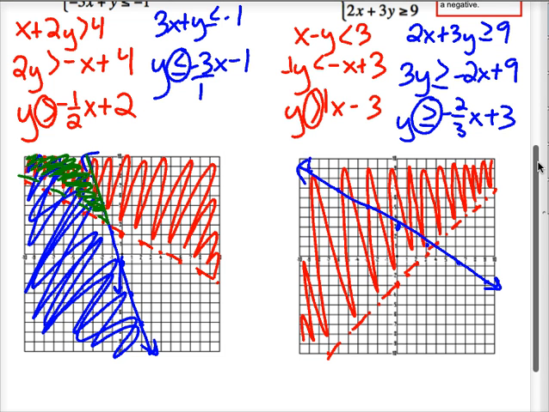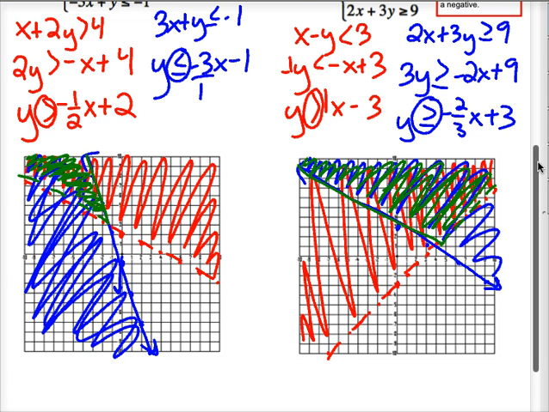Greater than means I shade above my line. And now I would like to see where is my double shading happening. Well, my double shading is following this solid line, that dashed line, and it's everything up here is my solution region.